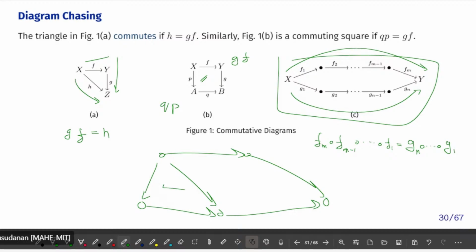What does this diagram from where here? That should come here. That's not all. There is first composition.